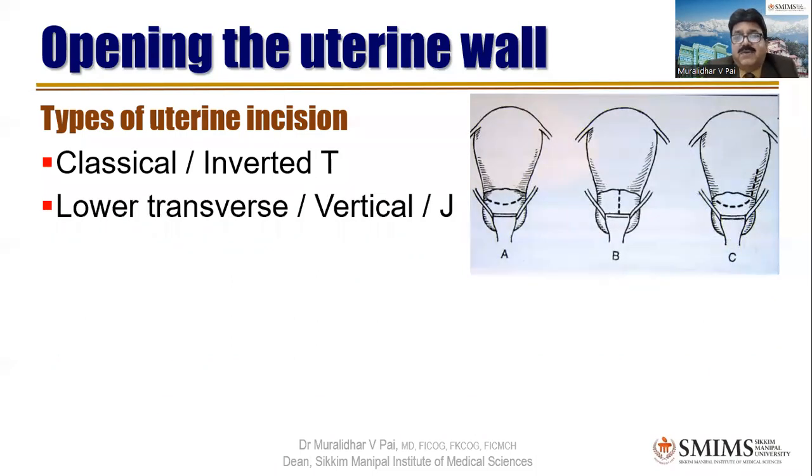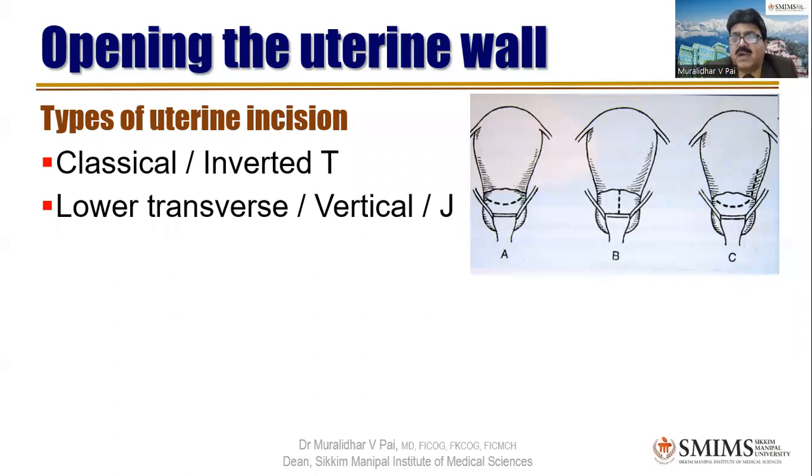Then we have, of course, the lower transverse, that is the usual lower segment caesarean section. Lower vertical, I really do not know the actual advantage of. It is claimed that lower vertical is specially used in a case of preterm baby, wherein you don't want to put a lot of stress on the baby, because in a transverse incision you have to manipulate the baby's head, whereas vertical will be easier.